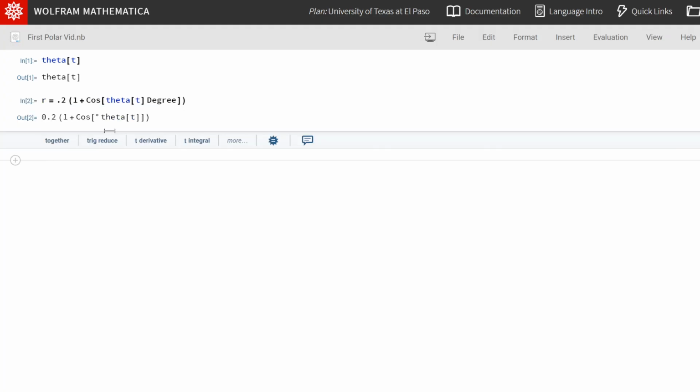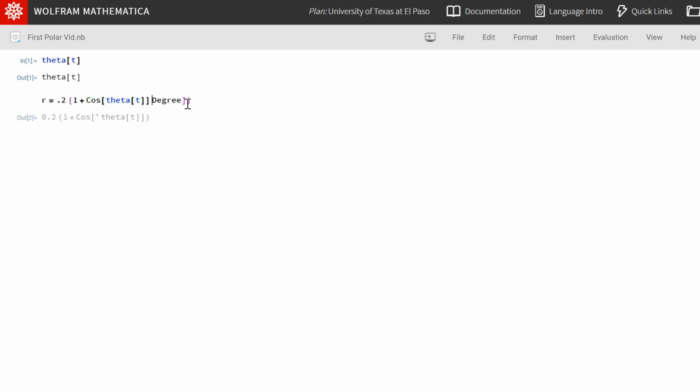And then r is going to be equal to, directly from our problem, 0.2 times 1 plus the cosine of theta as a function of t, and this is in degrees, so Degree. And close that parentheses. Looks good. Oh wait, not quite. We have to close this. And then that'll do it. There we go.